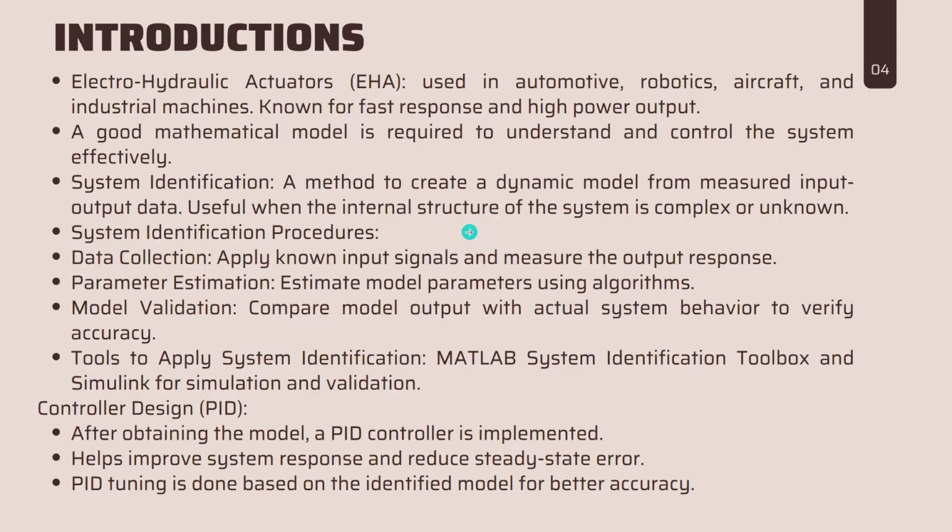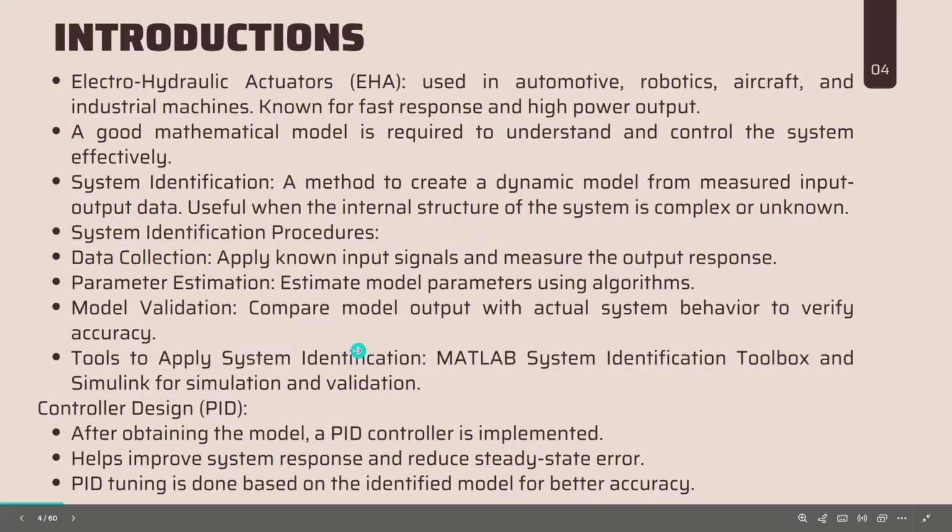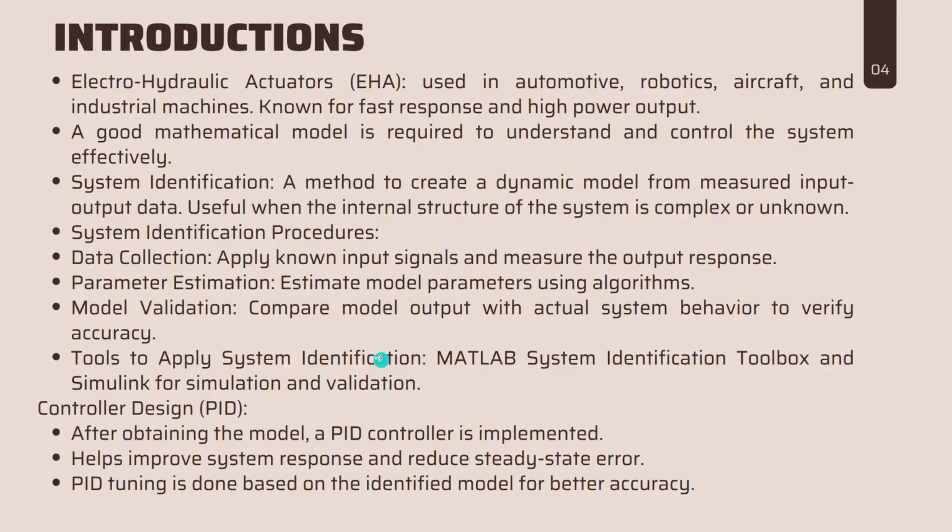For system identification, first we collect data by applying known input signals and measuring the output response. From there, we estimate the model parameters using an algorithm. For model validation, we compare the model output with the actual system to verify the accuracy. For MATLAB, we use the System Identification Toolbox and Simulink to validate and simulate the data.